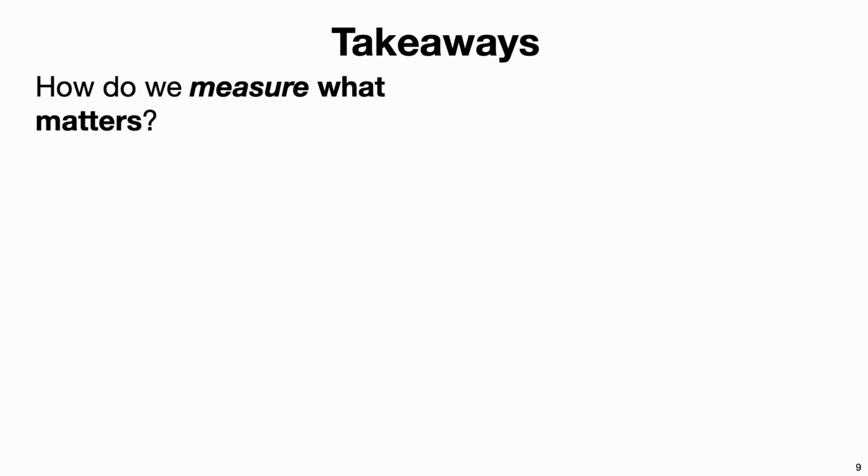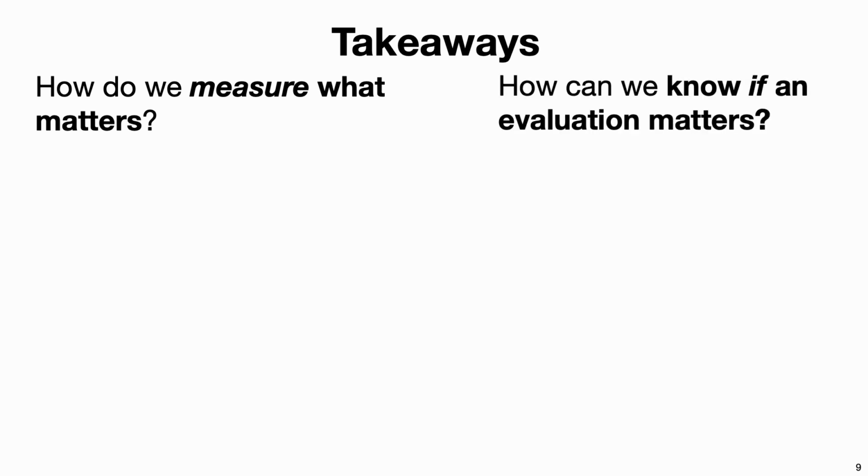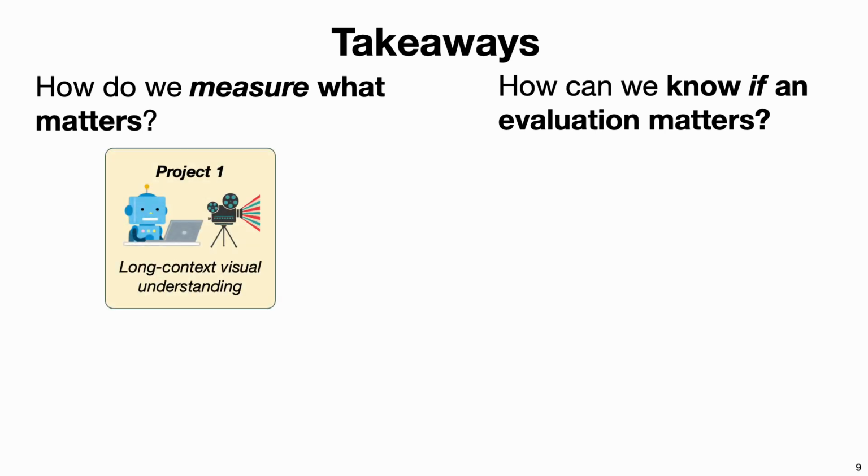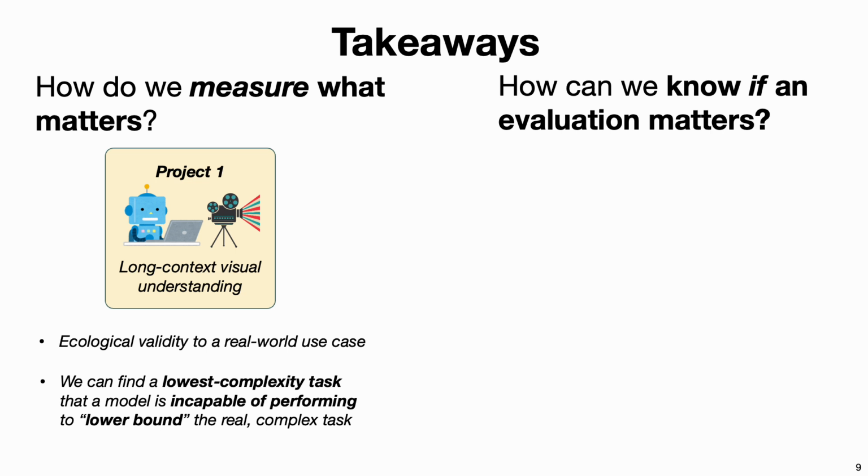We had two questions that we set out to answer in this presentation. How do we measure what matters? And how can we know if an evaluation matters? And we introduced two projects that demonstrate a way to answer those questions in some real-world task. For the first project, the answer that we arrived at for how do we measure what matters is that focusing on ecological validity to a real-world use case is the goal.